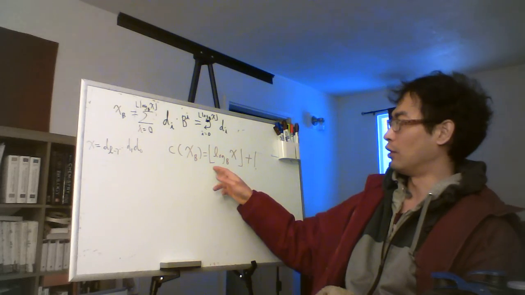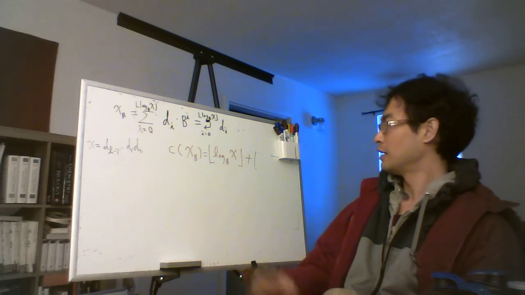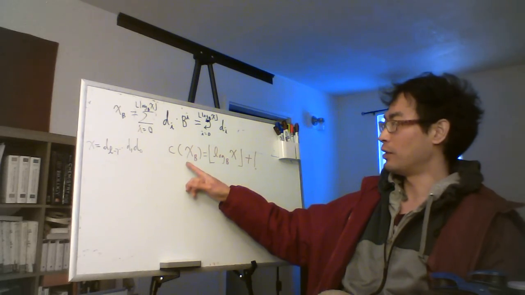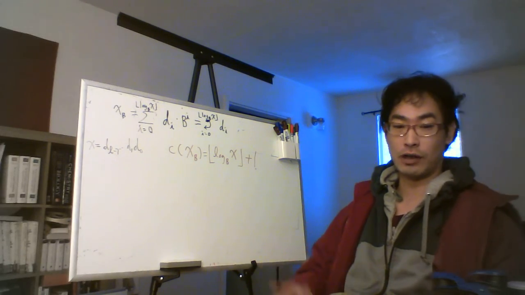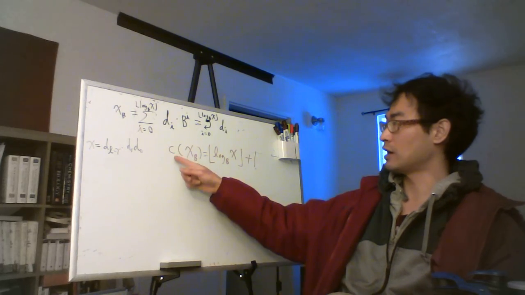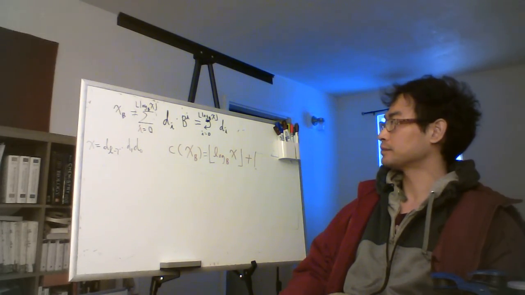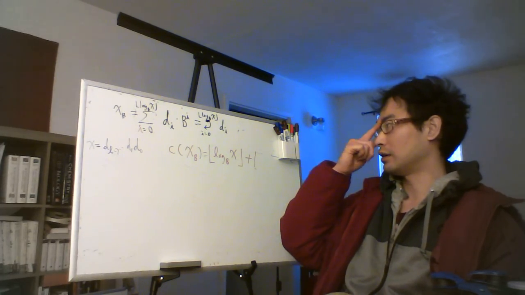Okay. So floor of log bx, that's plus one. That's the length of this number in base b. Okay, number of digits. Digit counting function. Okay. Good. Reflection function, huh?